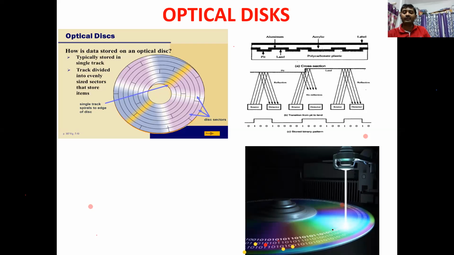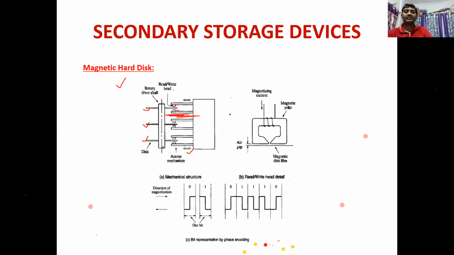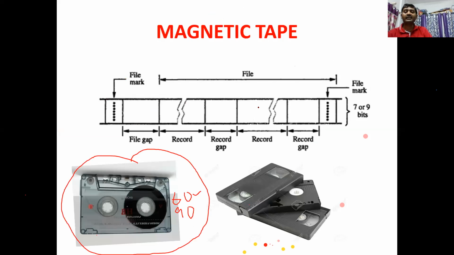And if you run a DVD for another 30 or 50 minutes and take it out, it will be a bit hot, which means the light falling on it while the data is being read makes it a bit hot. Okay, that is an optical disc. This is the reading or writing mechanism for optical discs, and the secondary storage also includes the magnetic hard disk, and the other one is the magnetic tape.